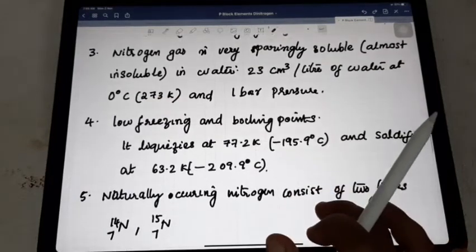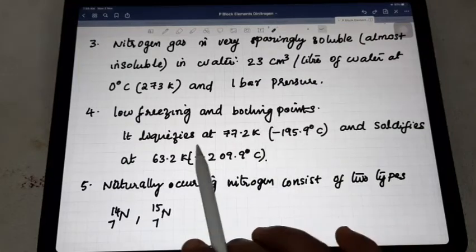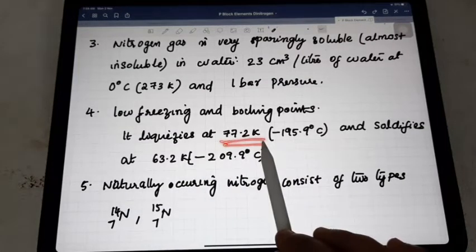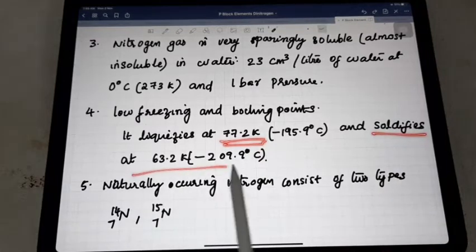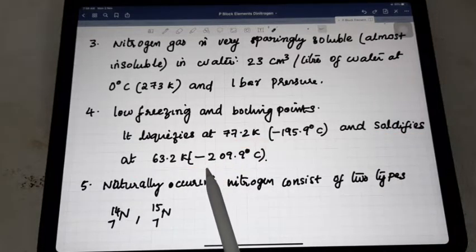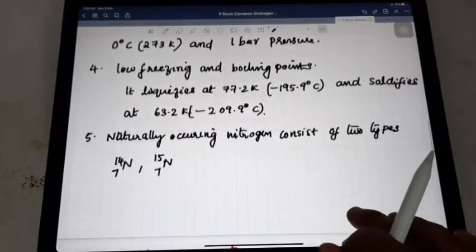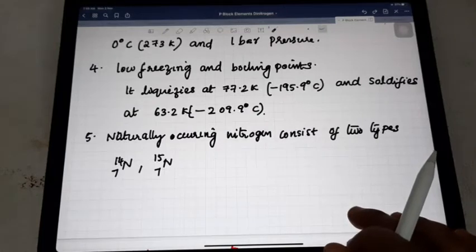Next one, freezing and boiling point. The boiling point is 77.2 Kelvin and the freezing point is 63.2 Kelvin. That means nitrogen has low freezing and boiling points. Next, nitrogen can exist in 2 isotopic forms, just like carbon.